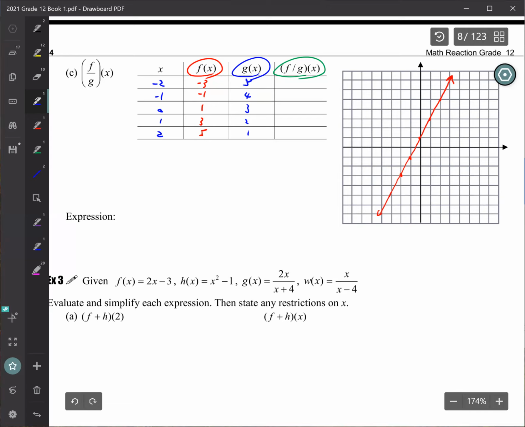And then the blue one, -2, 5, 4, 3, 2, 1. Okay, we have F and G.